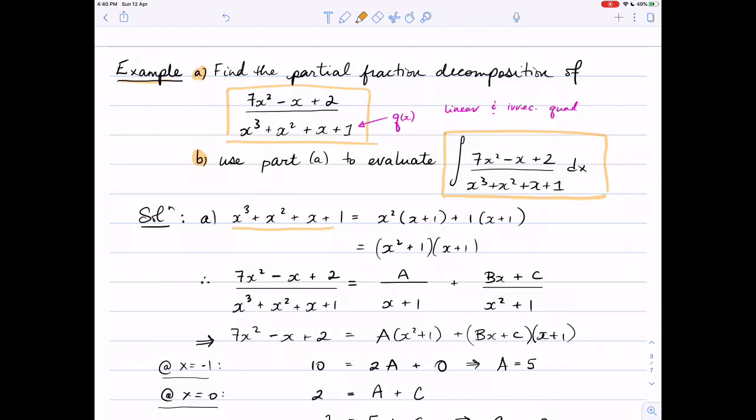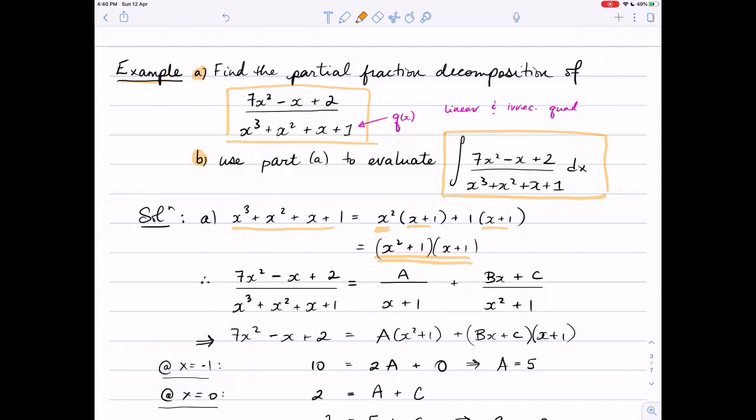We're going to factor by grouping, and out of the first two terms we can pull out x squared. That leaves us x plus 1, which is the same as the end of the expression. And then a second common factor step gives us x squared plus 1 times x plus 1.